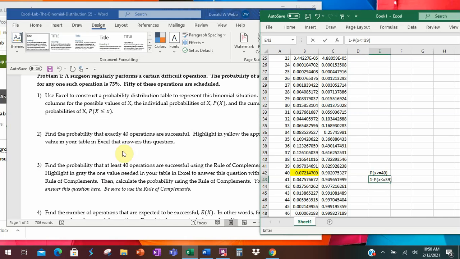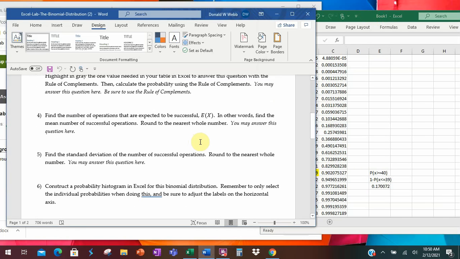Okay, and that's exactly what this is. So I want to subtract off all of this, and that's the sum of all of these things. So I'm just going to go equal 1 minus, and if I go up here and click on this, it'll do that calculation for me. So that's using the rule of complements to get that number. Okay.